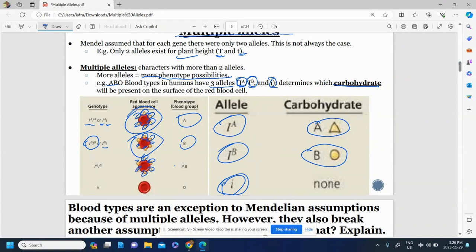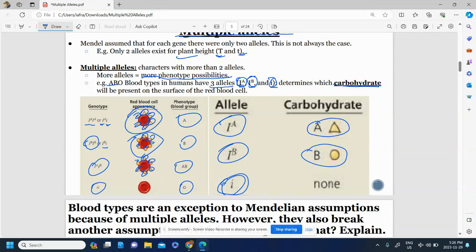Circles and triangles, you get type AB blood. They're expressed together. Interesting. We have a bit of codominance happening here too. And if you got little i, you don't get any carbohydrates, you're type O. So little i is definitely recessive to all the rest, but IA and IB are codominant to each other.